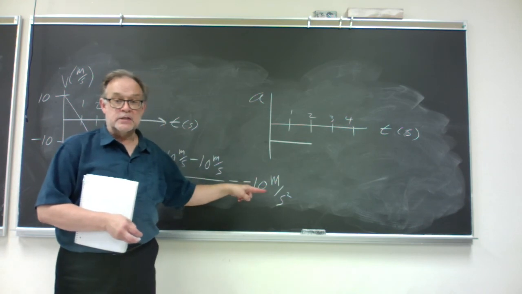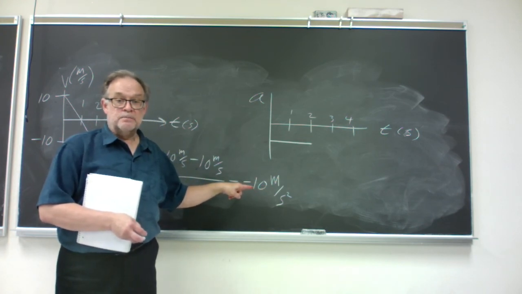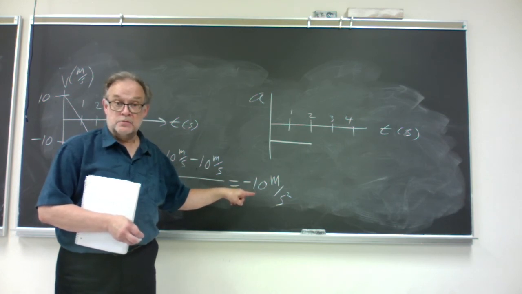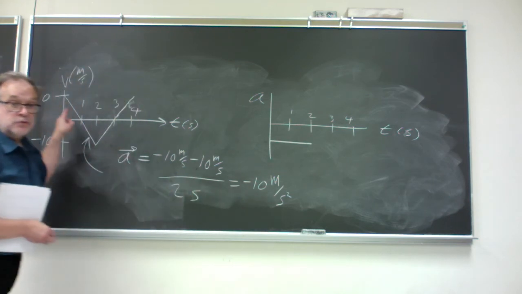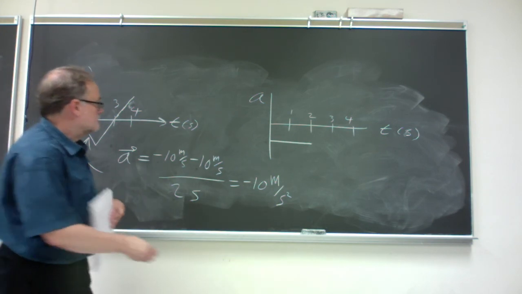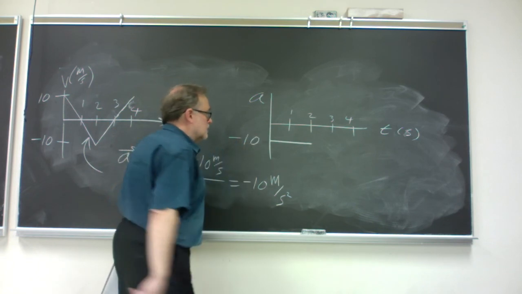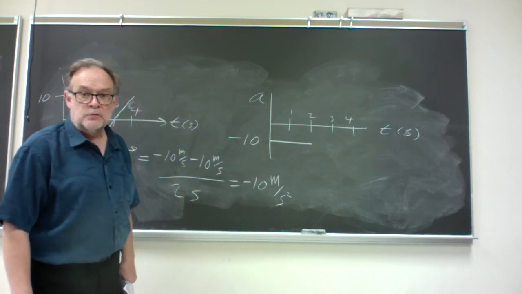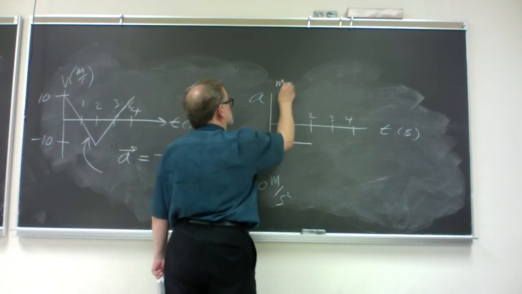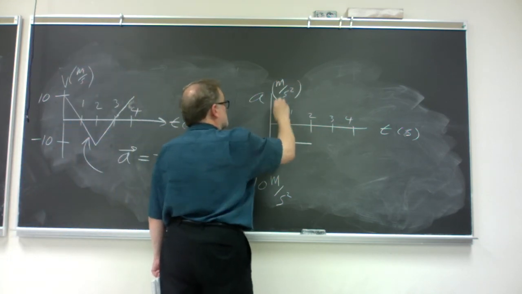What this really means is that in each second, the velocity gets 10 meters per second more negative. Okay. In the first second, it went from +10 to 0, and then in the second second, it went from 0 to -10. So the acceleration for the first 2 seconds is -10, and that's in units of meters per second per second.